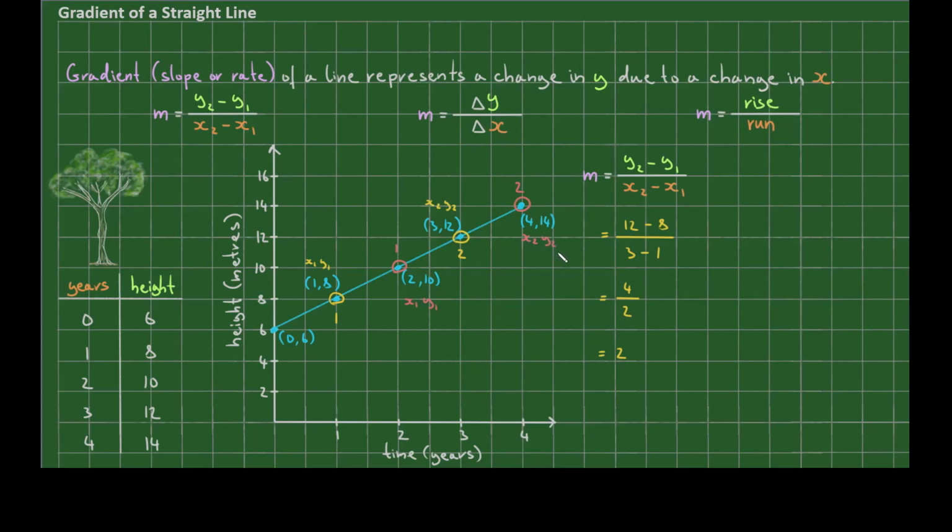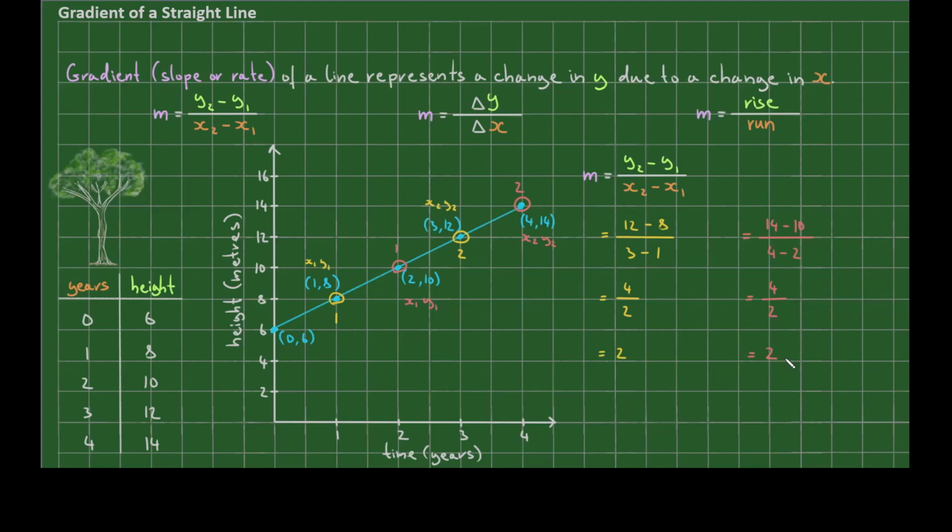Once again, I'm going to substitute. And now I will have 14 minus 10 divided by 4 minus 2. 14 minus 10 will give me 4, 4 minus 2 will give me 2, and 4 divided by 2 is 2 once more.